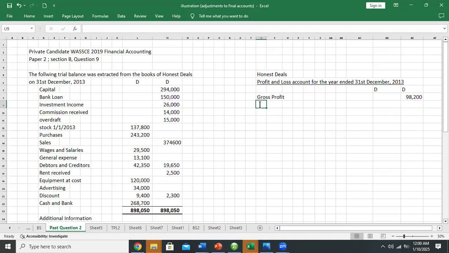As we saw from the format, you add other income. So you come to your trial balance and pick the other income. The clue I can give you is that the income has a credit balance. So you can look out for your income at the credit side. Okay. So let's come to the credit side and pick the income. And I think some of them are easily visible as we discuss the format. So please tell me the income you see in the question.